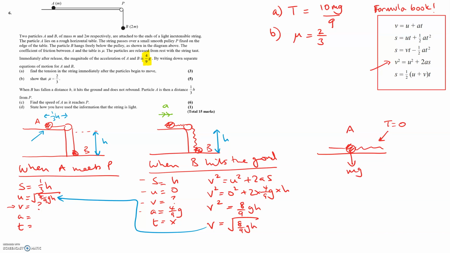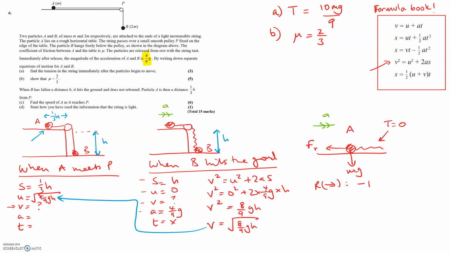There's weight, and there's still a frictional force. The frictional force is what we calculated in part B. And in order to resolve the forces, I need to use F equals ma. I'm going to resolve in the direction that we're accelerating, so that's this way.